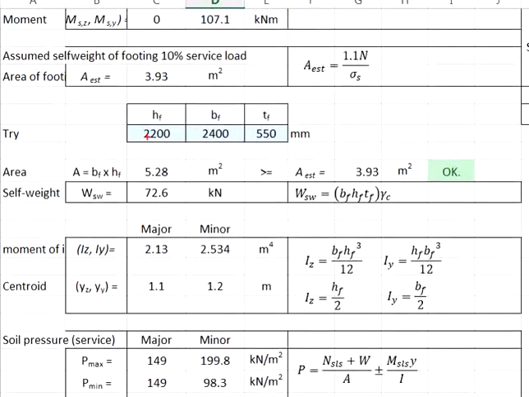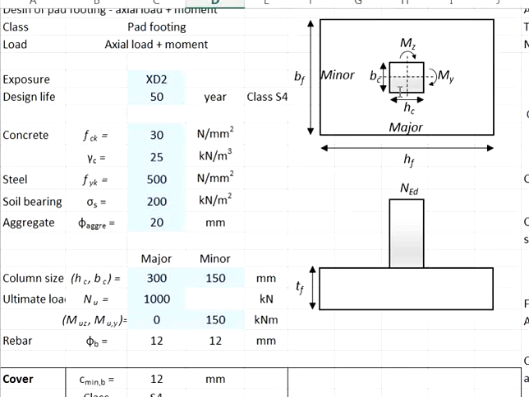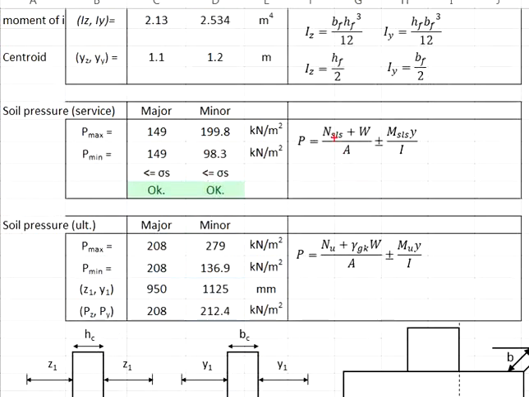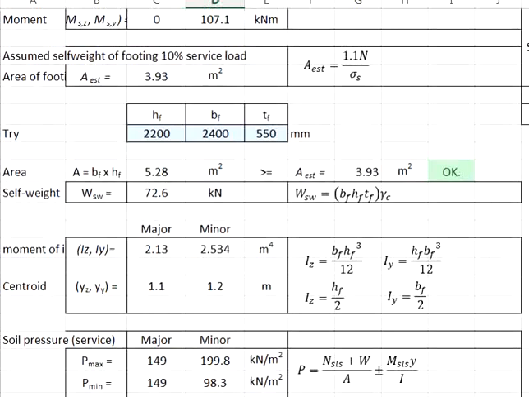This is calculated from the volume of the pad footing multiplied with the unit weight. The unit weight is given 25 kN per meter cube. The area represents the contact surface area due to the proposed size of the pad footing, which is equals to 5.28 meters square. And now the moment.